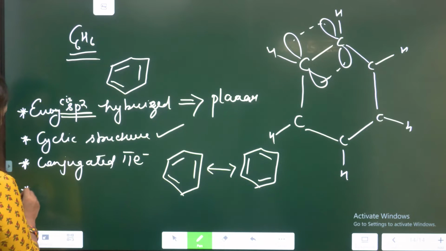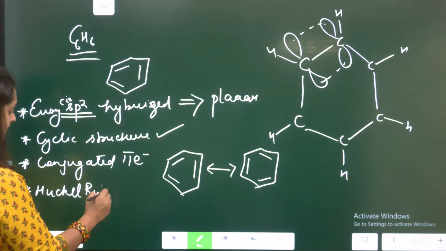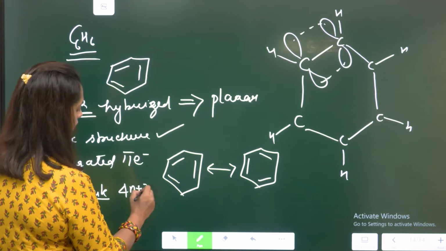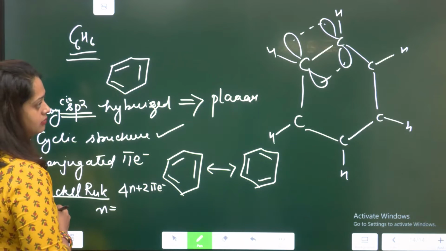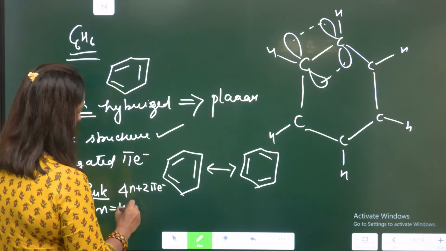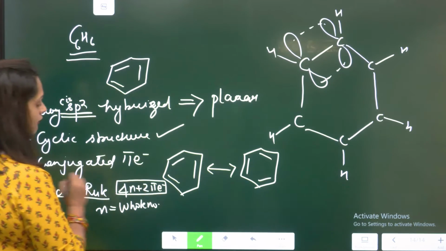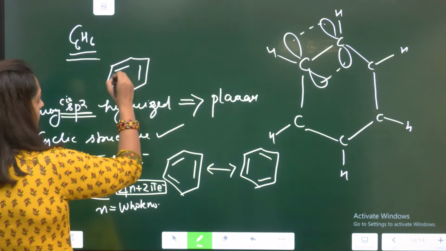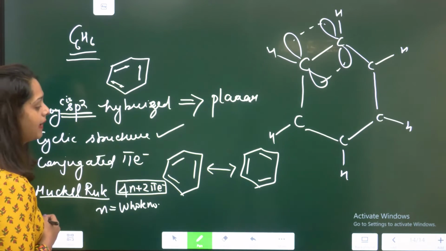Now comes the main rule, Huckel's rule. It is represented as 4n plus 2 pi electrons, and the n value is a whole number or integer. So this equation should be followed. Now let's see how many pi electrons are present in the benzene ring. It has 2 over here, 2 over here and 2 over here. So that means 6 pi electrons.